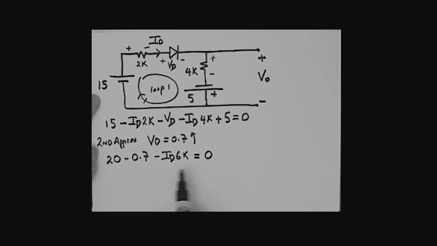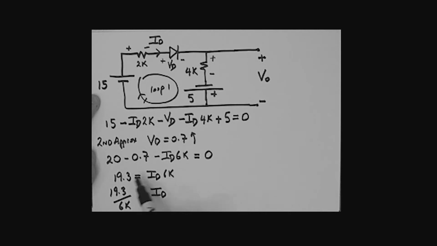So, a slight simplification as we've gone along. 20 minus 0.7 gives me 19.3. If I take that to the other side, that is equal to ID 6K. So therefore ID is really 19.3 divided by 6K.